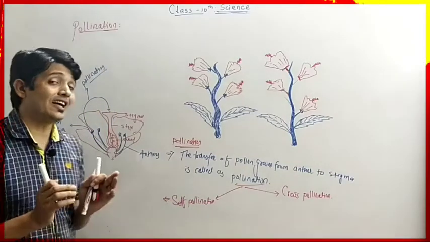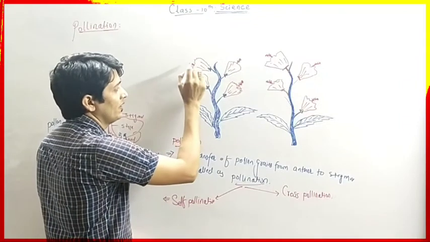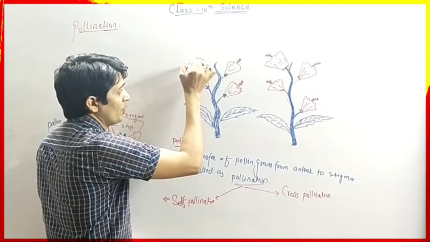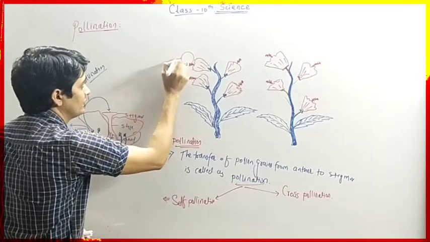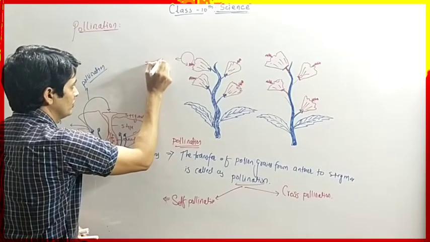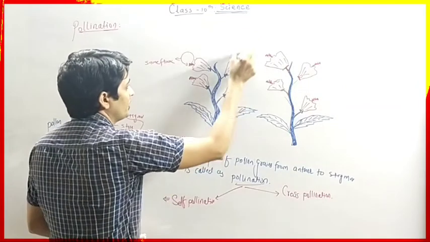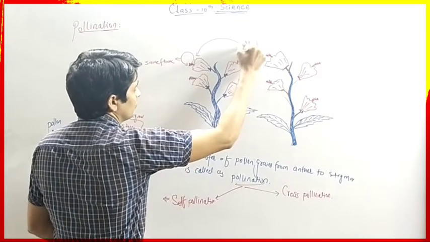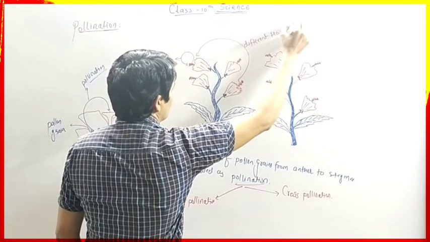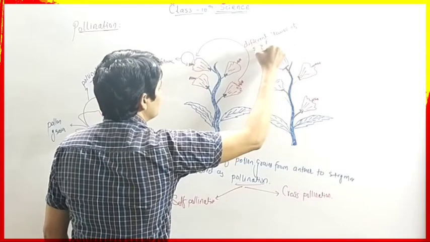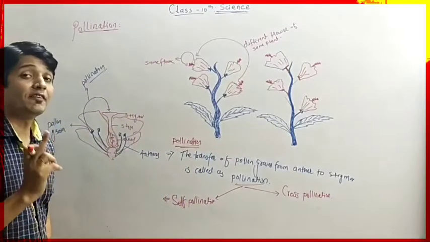If the transfer of pollen grains, see this is the flower, takes place from the anther to stigma of the same flower, or a different flower of the same plant, it is called self pollination.